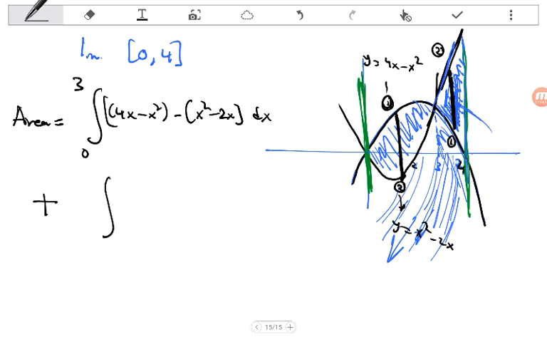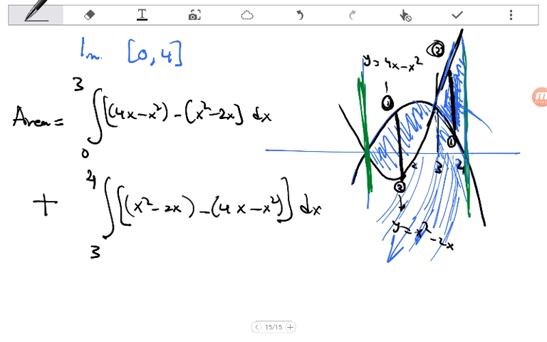Plus, now we take it from 3, which is this point, the point of intersection, from 3 to 4. But now what is the above curve? It is curve 2, which is x squared minus 2x, minus the lower curve, which is 4x minus x squared. So this is the integral for this area.